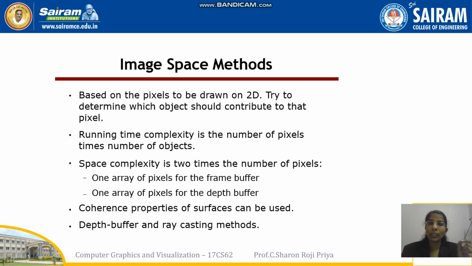Based upon this depth value, I find the visible surface. Here the space complexity is 2 times the number of pixels, but the accuracy will be higher for image space methods. Some examples are the depth buffer algorithm and ray casting methods.